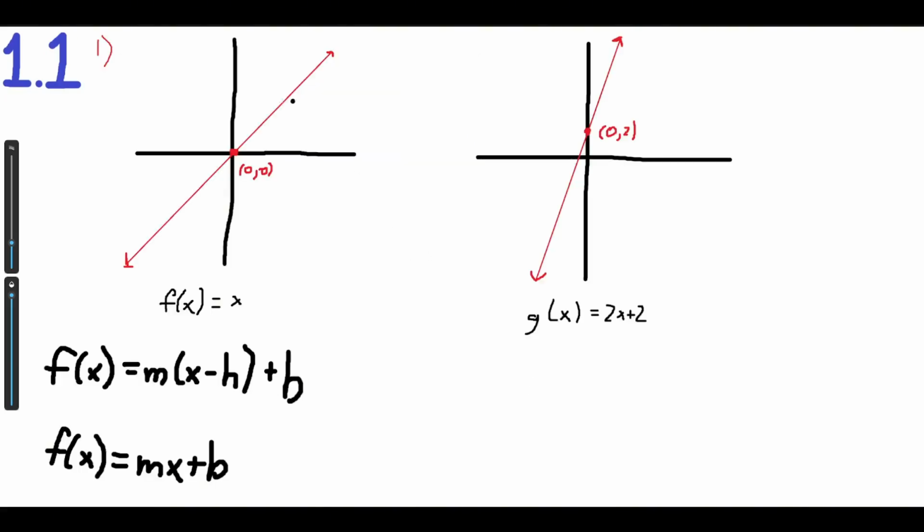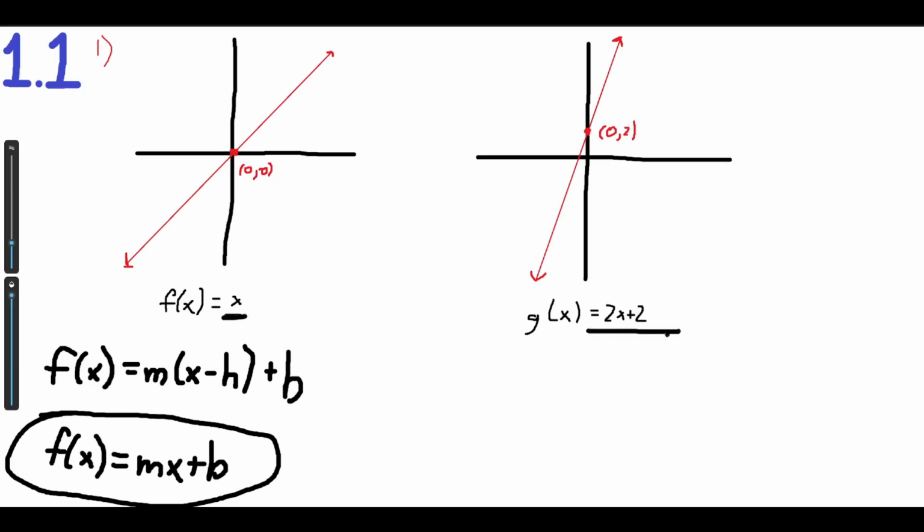So starting off with number 1, we have a parent function graph on the left and the transformed graph on the right. A linear function can be written as this, but you are more likely to see it like this, where m affects the slope and b affects the y-intercept. So what differs from here to here?